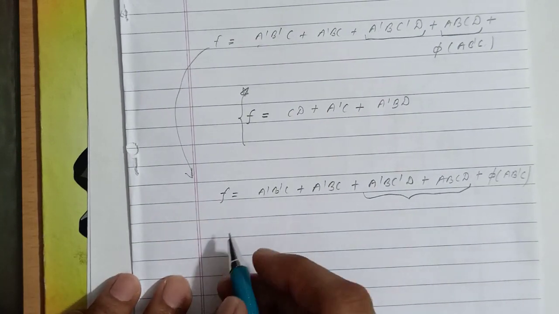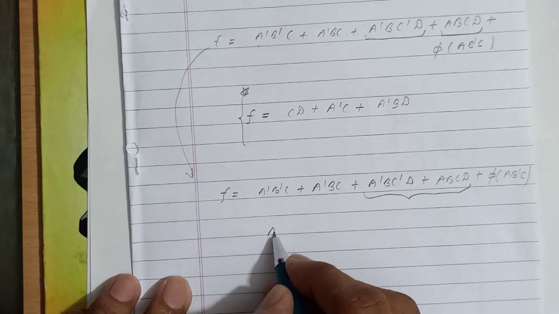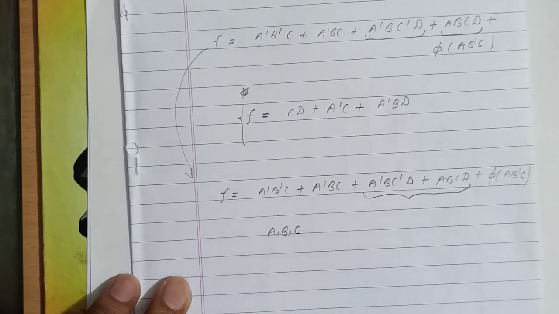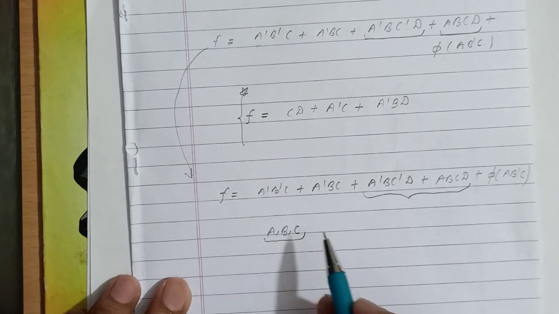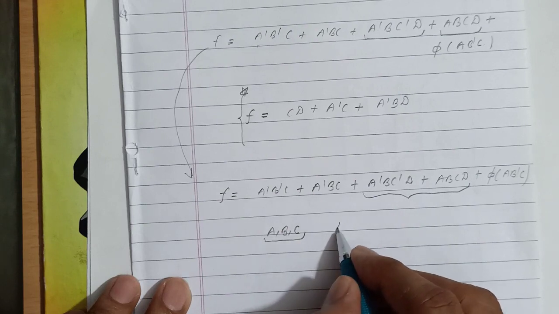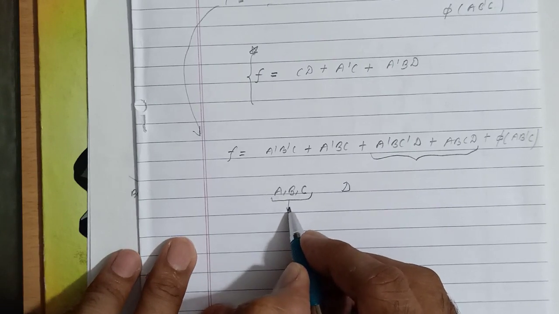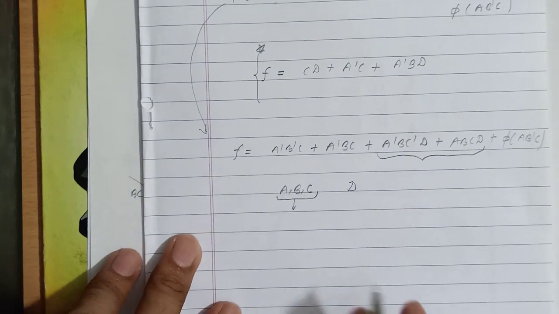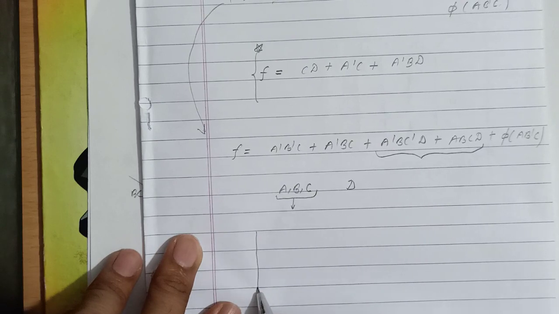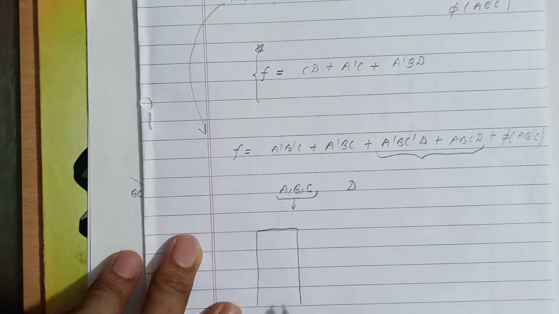We will choose 3 variables, A, B, C. We will draw the K-map of these 3 variables, and we will try to enter the D variable into the K-map. All the minterms will be of these 3 variables, do remember. Suppose I am drawing a 3 variable K-map like this.